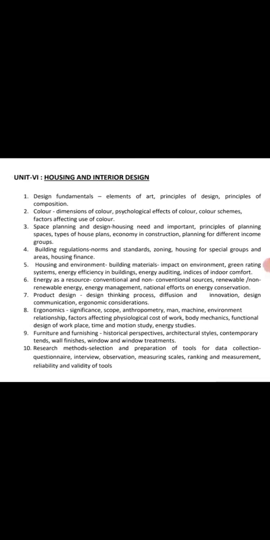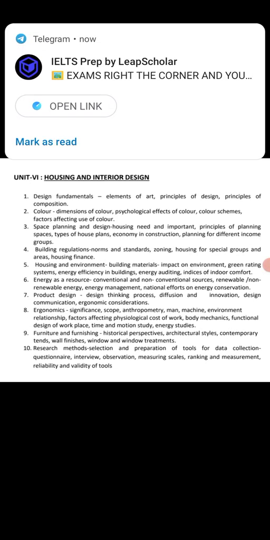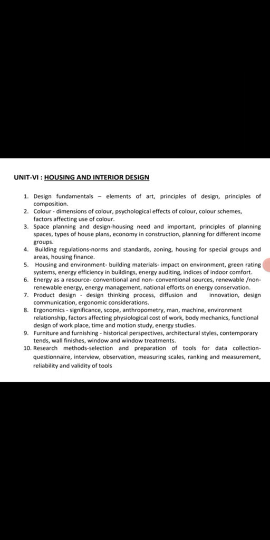Then in the sixth unit, we have housing and interior decoration. This is totally related to making of a building, how to make it, how to make the interiors of that building. What are the factors we are keeping in mind making a house to home, and all these things like design fundamentals, elements of art, principles of design, principles of composition, color, space planning, building regulations, housing and environment, energy as a source, product design, ergonomics.